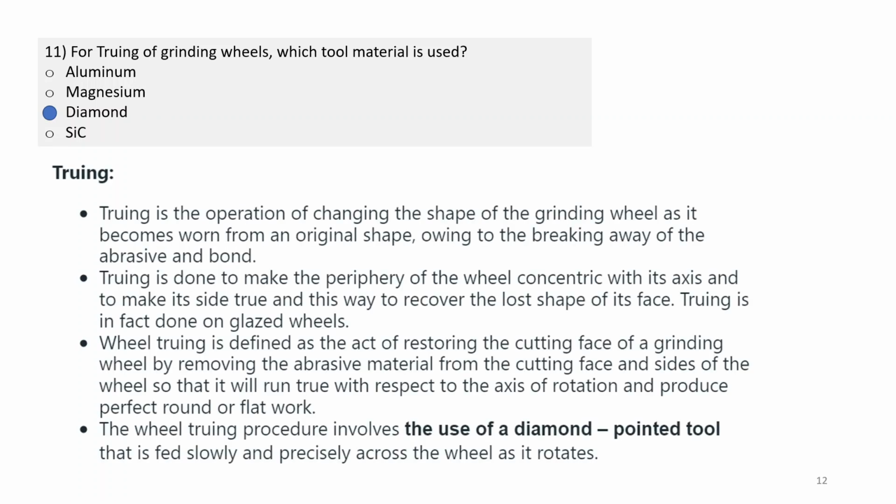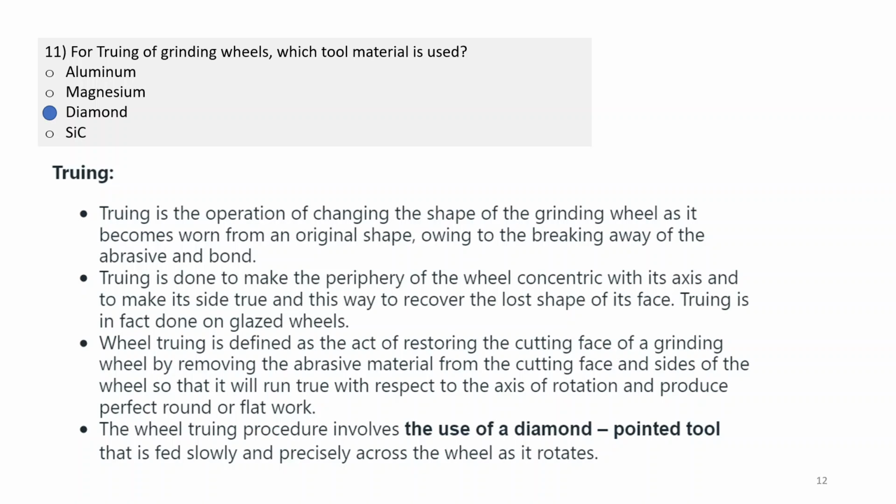Next question is for truing of grinding wheels, which tool material is used? Your options are aluminum, magnesium, diamond and silicon carbide. Answer will be diamond. So in case of truing, it is an operation of changing the shape of the grinding wheel as it becomes worn from the original shape owing to the breaking away of the abrasive and bond.